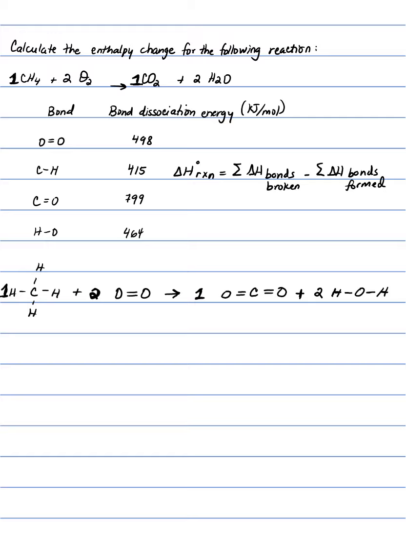I'm going to put CH4 in blue. Every carbon-hydrogen bond has an amount of energy equal to 415. So CH4, carbon, hydrogen, look, I have 1 carbon-hydrogen bond there. That's 2, 3, and 4.